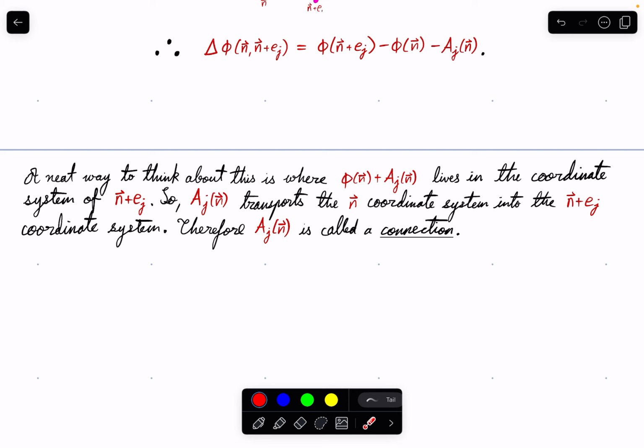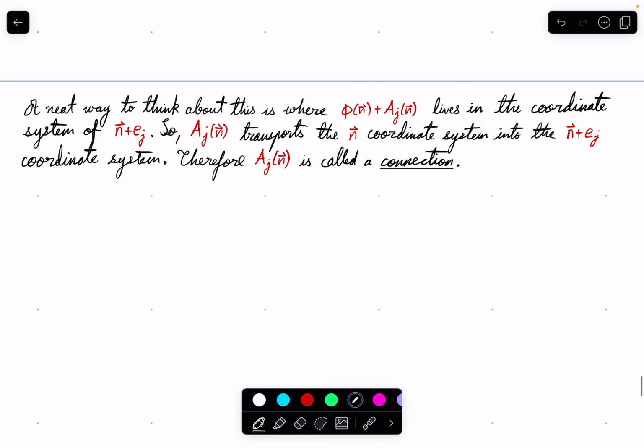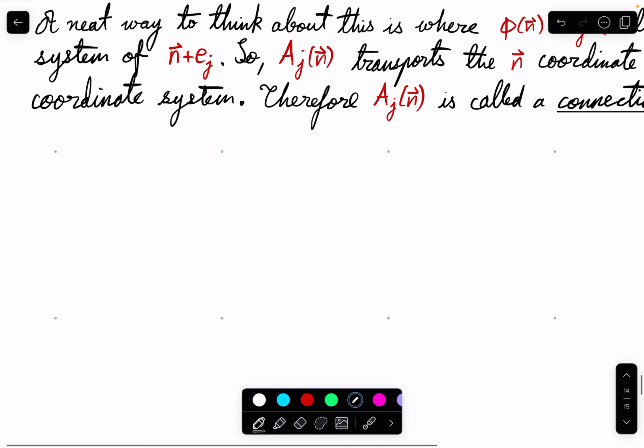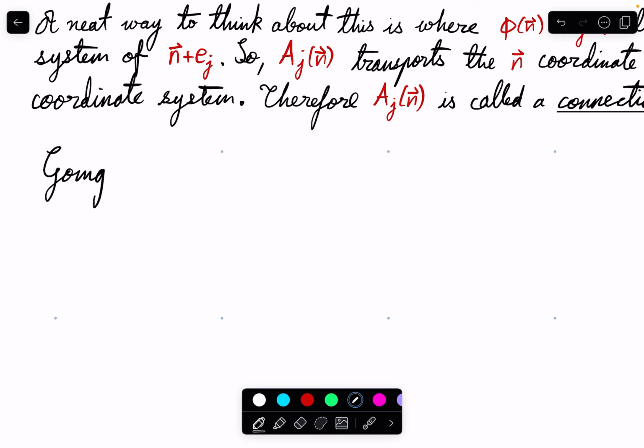So we can switch to a continuous model of space by taking the limit of the discrete space. So in this limit, now we're going from discrete to continuous.